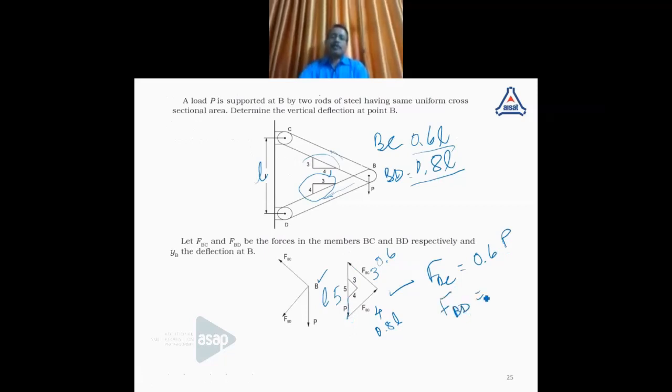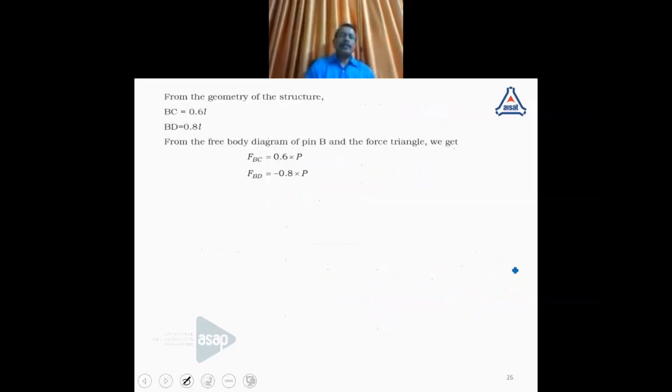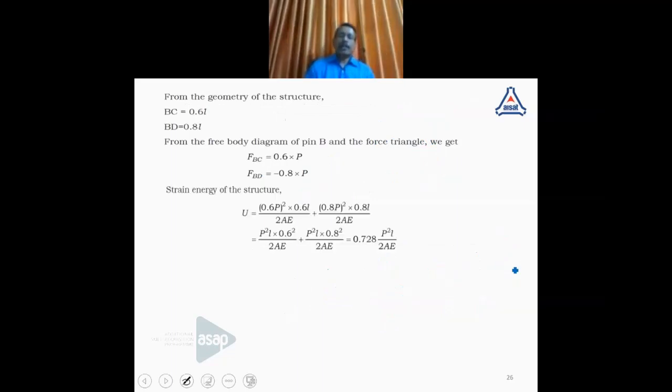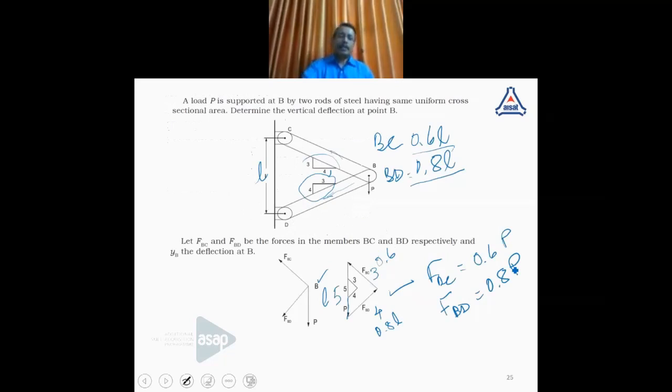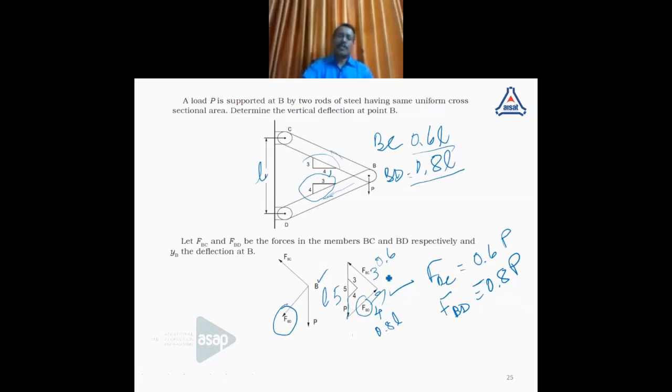FBD is equal to 0.8 P. This is only a free body diagram, and from the geometry of the diagram, we got these values. FBD is acting in the downward direction, and the direction also we have to consider. BD is actually acting in this direction, but we have taken it as the opposite direction. That is why we have to use minus 0.8. For the construction of this triangle, we have reversed that direction.